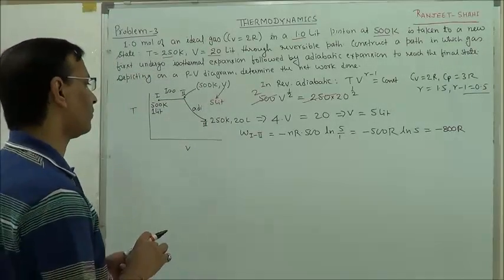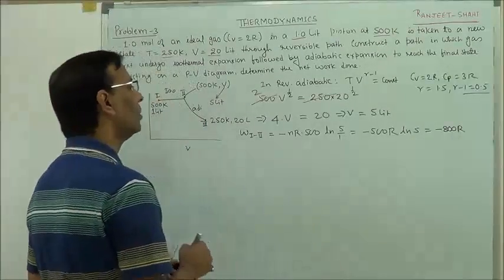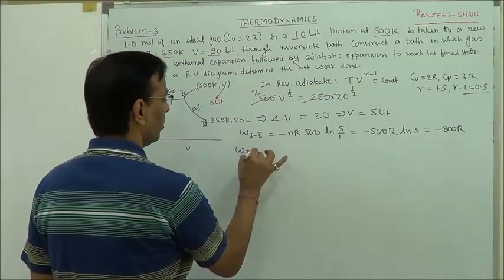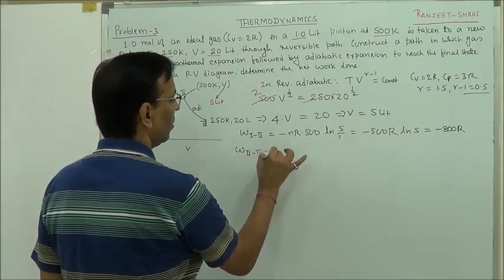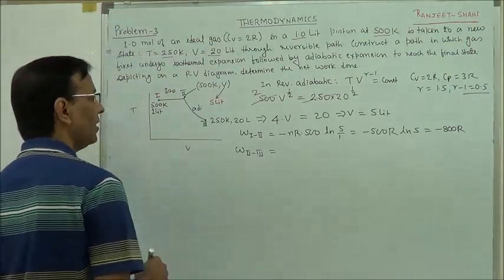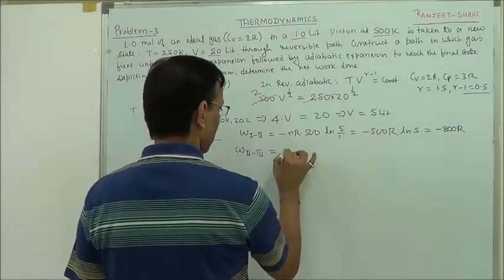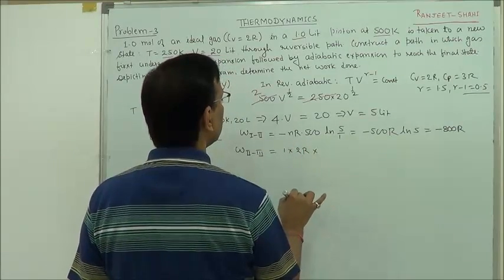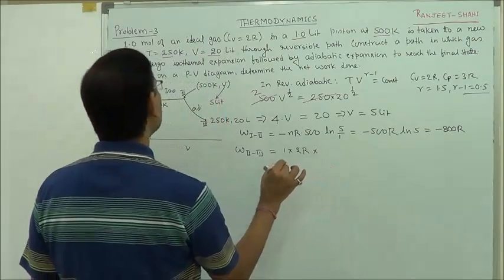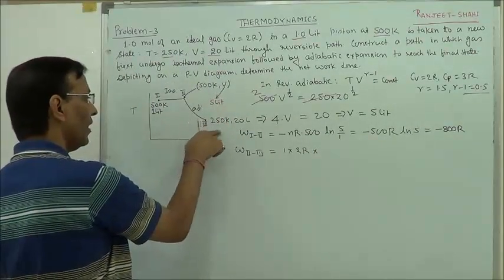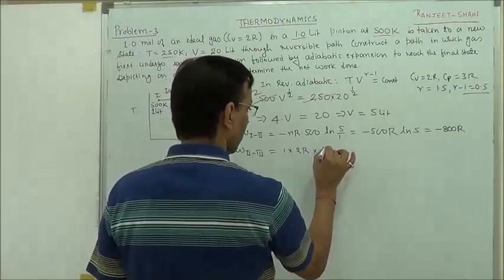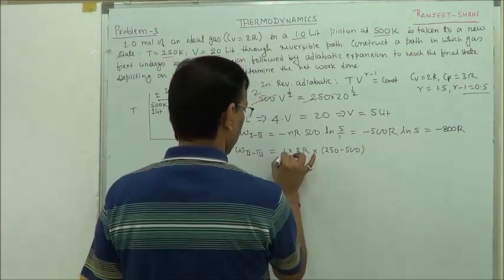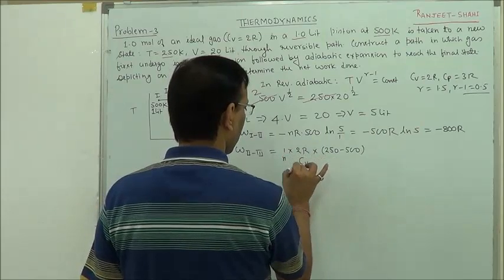Now for the second step, W23, work will be nCV delta T. N is 1 into CV is 2R into delta T, and delta T is final minus initial, 250 minus 500, minus 250.